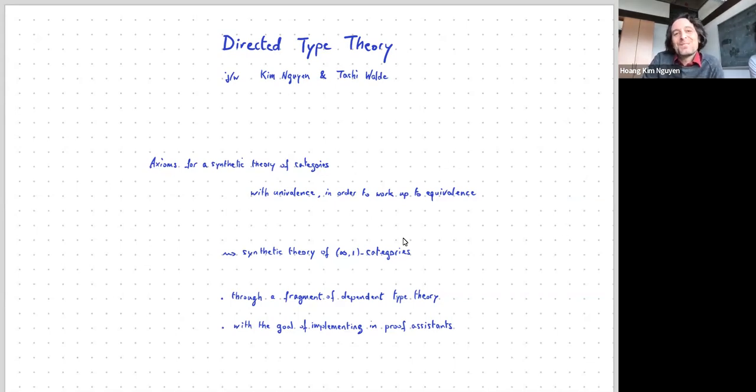So the goal is to provide an axiomatic to do category theory, but in a synthetic way, the same way homotopy type theory does synthetic homotopy theory. And the idea is simply to use a type theory, but we won't take the full package of dependent type theory because we cannot have all dependent products.